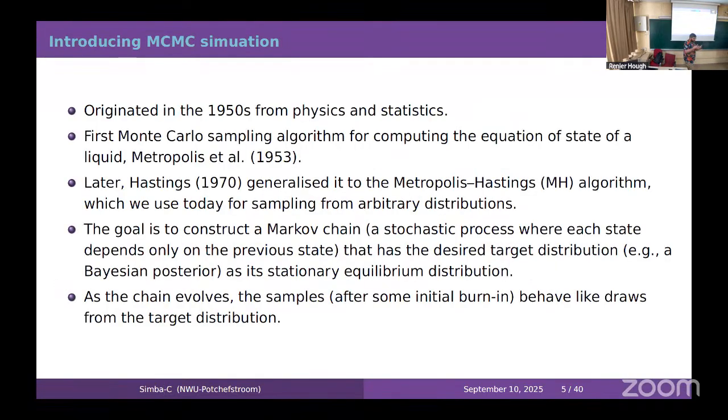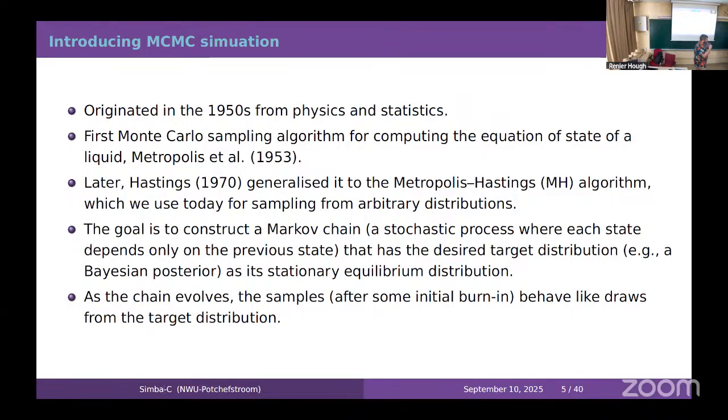So just background on MCMC. It started in the 1950s. The first one was developed by Metropolis in 1953, and it was to compute the equation of state of a liquid. Later, Hastings made a generalization.